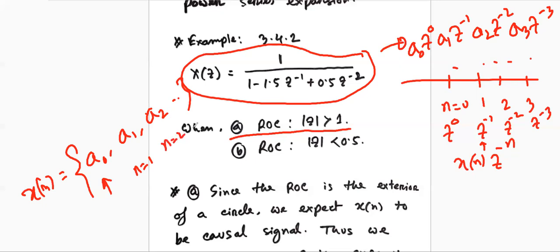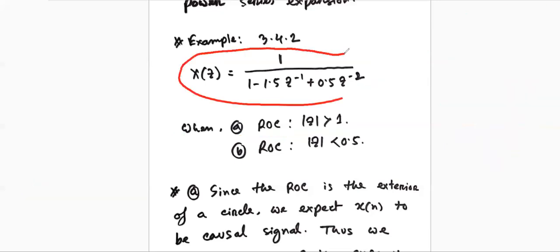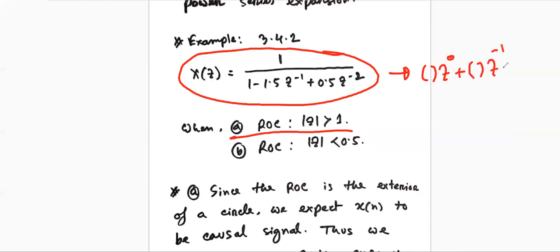This is the philosophy. So we need to express this equation for A in such a way that we have the coefficient with z to the power 0, the coefficient with z to the power minus 1, the coefficient with z to the power minus 2. Otherwise, there is no other way, because we know that is a right-sided sequence. Right-sided sequence means n should be 0, 1, 2, and so on. I believe that is clear.